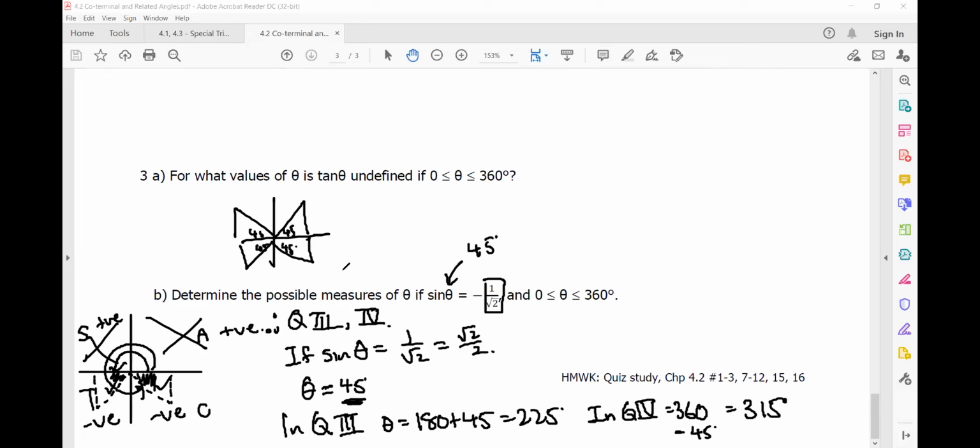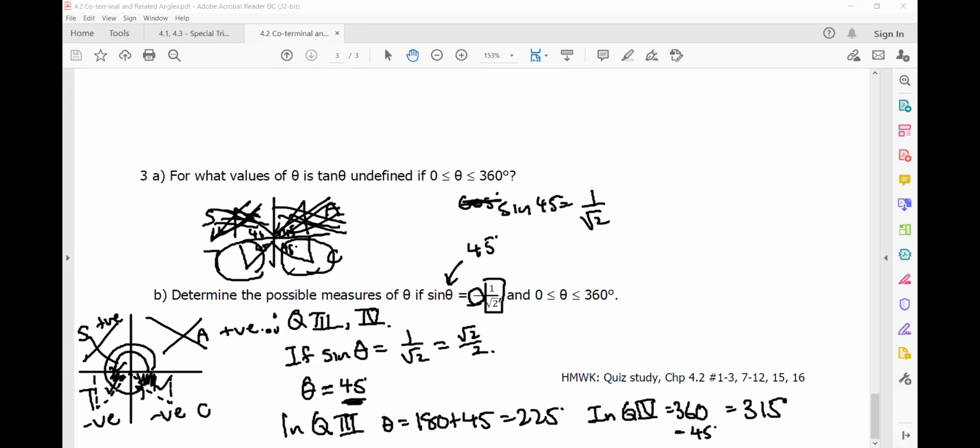It's one of these four triangles, because you know sine of 45 gives you 1/√2. Because it's a negative, CAST rule tells us that this one is a no-go because it's supposed to be positive, and this one is a no-go because it's supposed to be positive. CAST rule tells us that the triangles I'm dealing with must be in quadrant 3 and 4, and we start figuring out the angles accordingly.